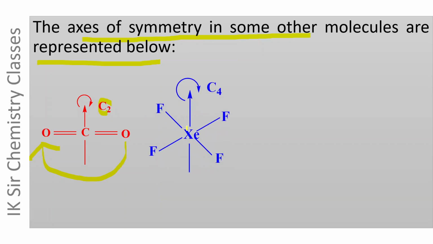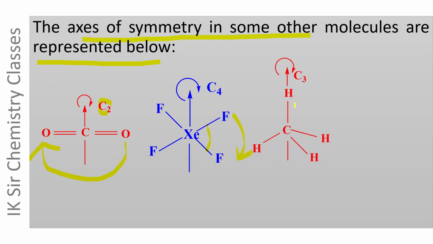This is HCF4 molecule having a square planar shape. This axis is C4 because if HCF4 molecule is rotated about this axis by 90 degree, that is 360 degree by 4, an indistinguishable orientation will be obtained.